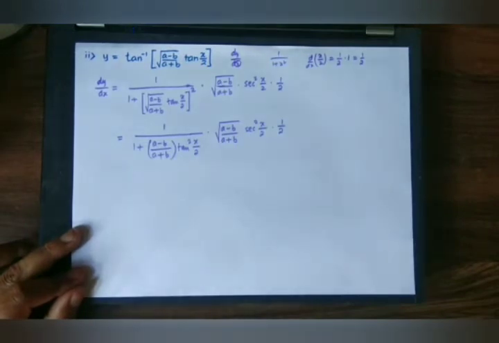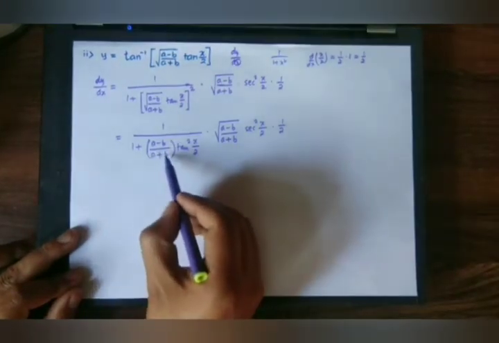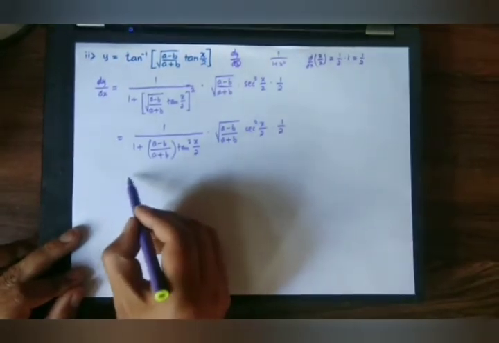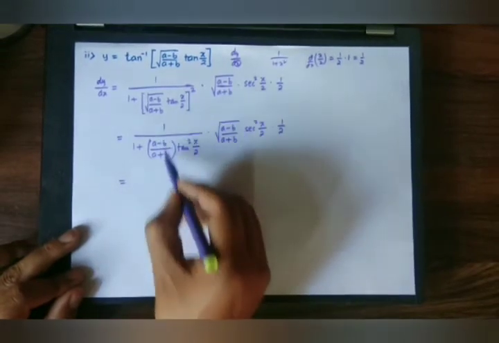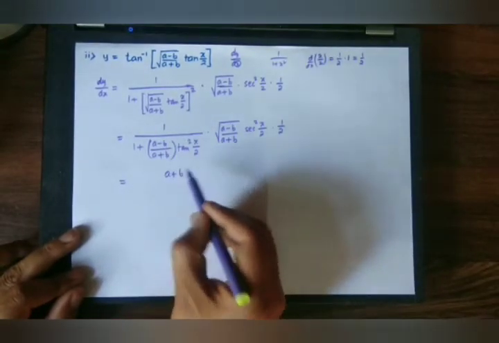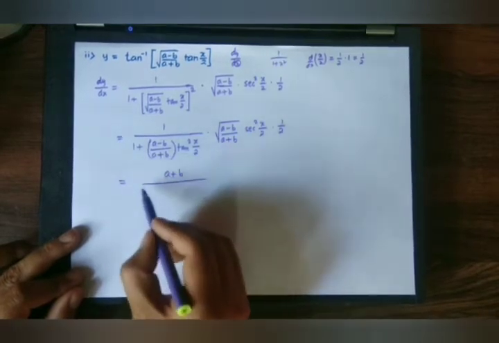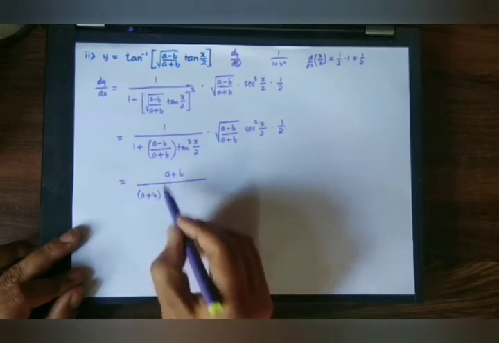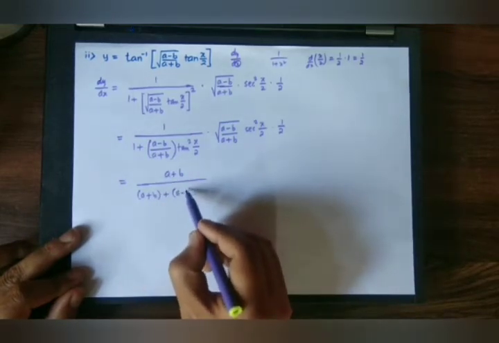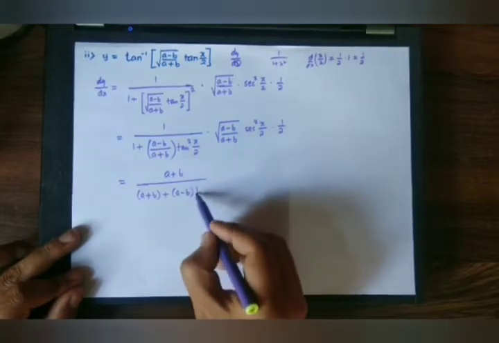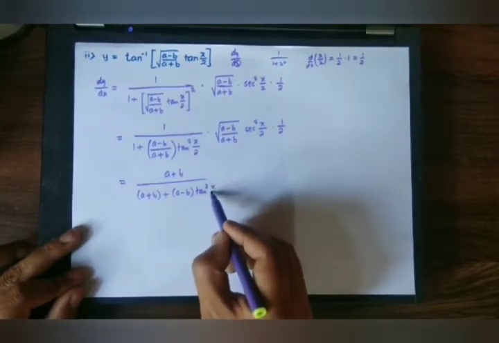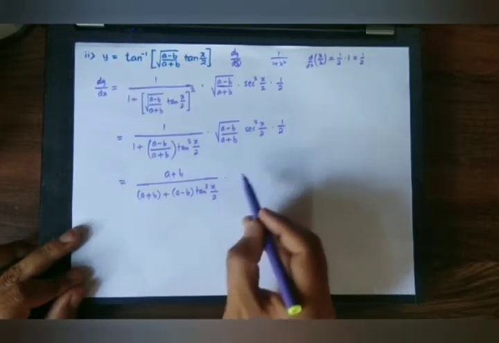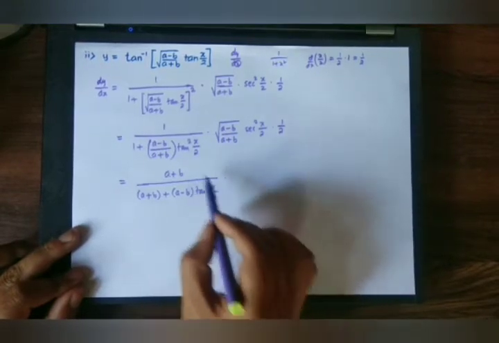Okay, so similarly, when you simplify this, this a plus b will go to the numerator, right? So here in the place of 1 you will get a plus b plus, here you have a minus b tan square x by 2. Okay, hope this is clear to you.